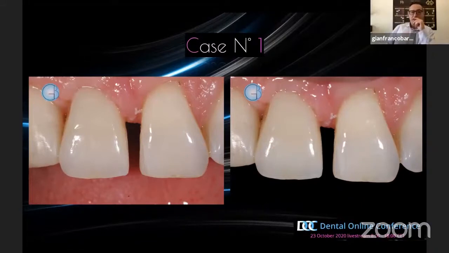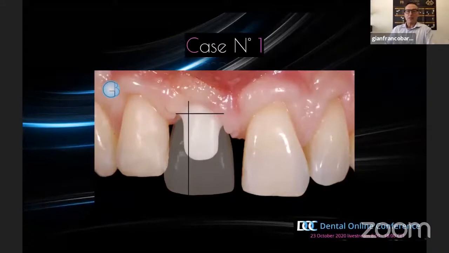We can see that with this kind of abutment and crown, we can manage the shape of the tooth really well. It seems to be a good result, and the patient was satisfied.